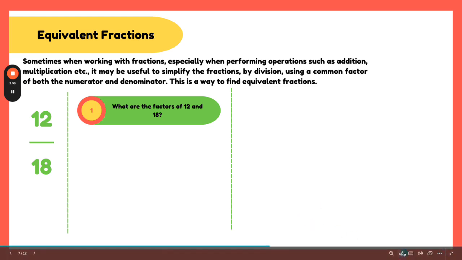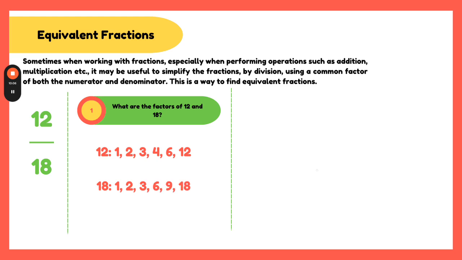The factors of 12 are any numbers which divide into 12 without any remainders. So 1 goes into 12, 2 goes into 12, 3 goes into 12, 4 goes into 12, 6 goes into 12, and of course 12 itself is a factor. 12 divides into 12.